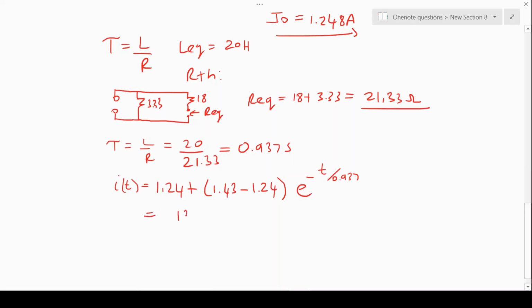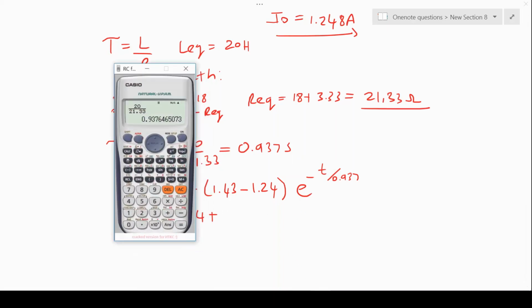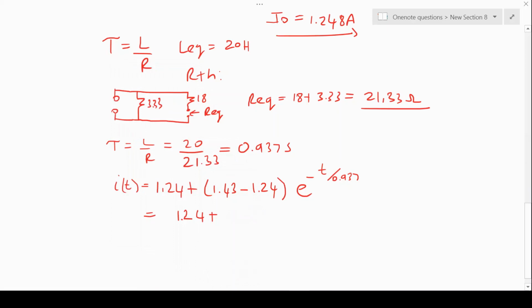This is going to give us 1.24 plus 1.43 minus 1.24, which gives us 0.19, e to the negative t over 0.937 amps.